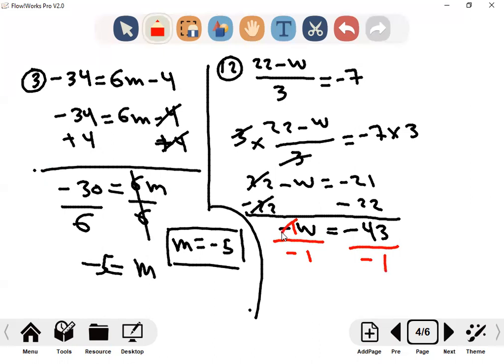Negative 1 with negative 1, done. It's still W equals negative divided by negative, positive. Now most of you have the answer negative 40 because you forgot to divide by negative 1.